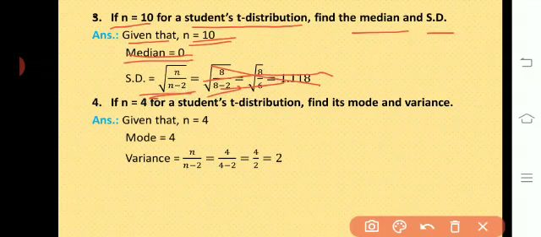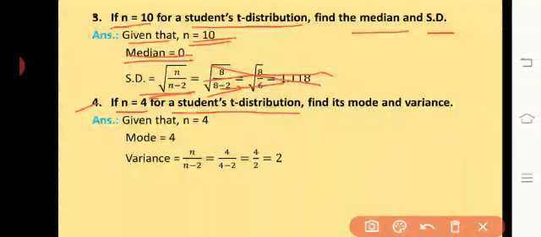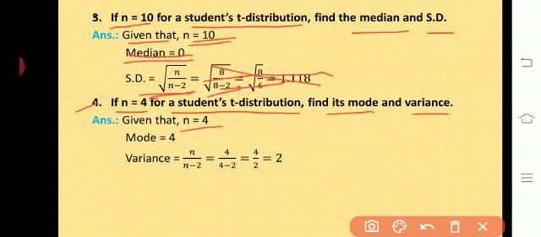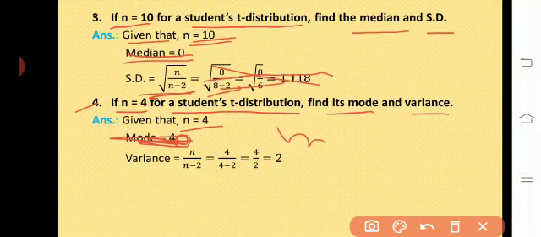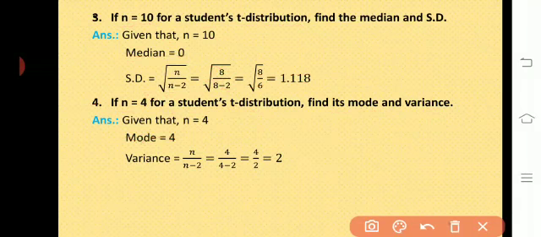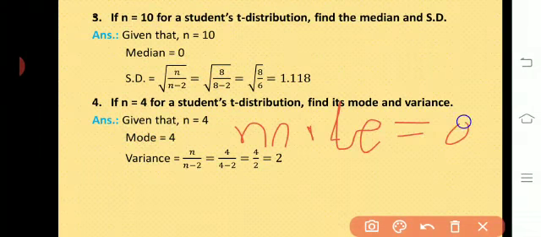Then the last question is: if n equal to 4 for a student's t distribution, find its mode and variance. Here given that n is equal to 4. Therefore mode is equal to 0, because we know that mean equals median equals mode.